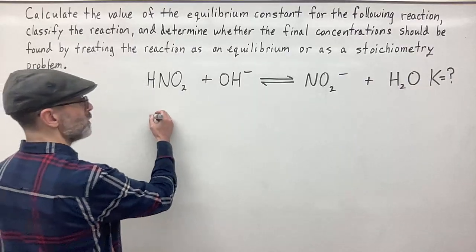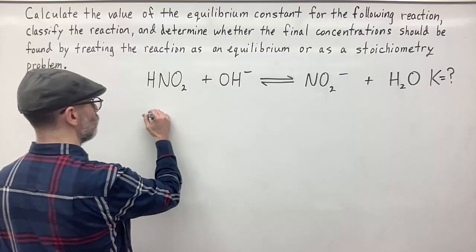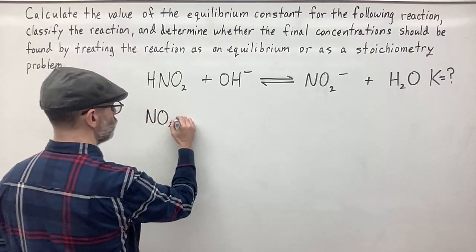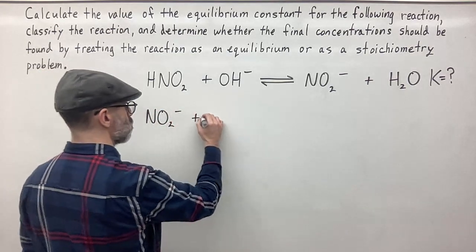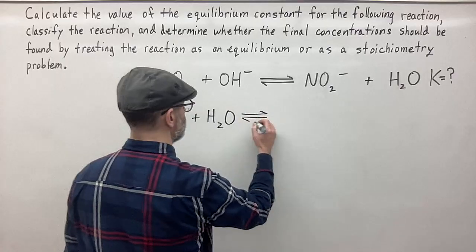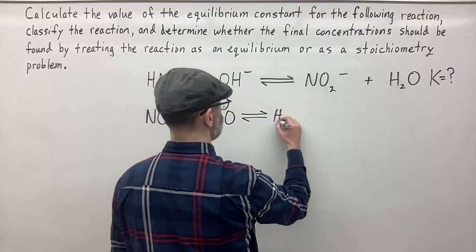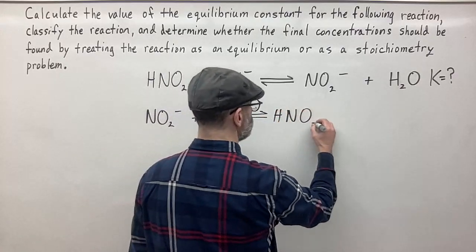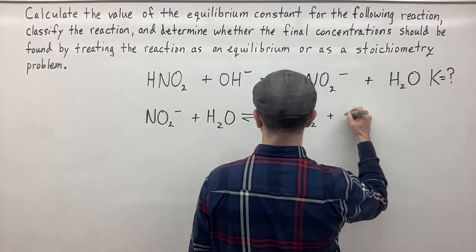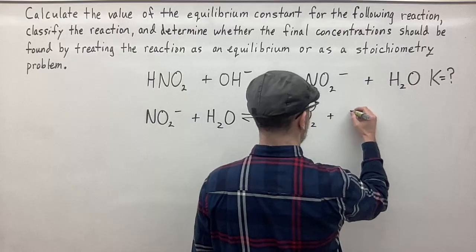So let's go ahead and write the reverse of this reaction. So we have NO2 minus plus water, and that's going to give us HNO2 plus the OH minus.